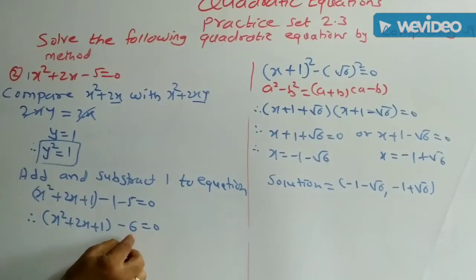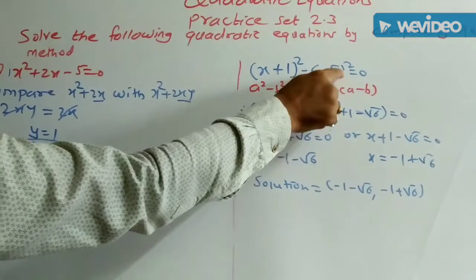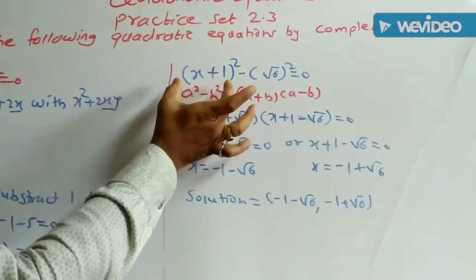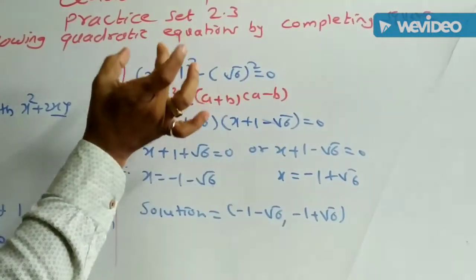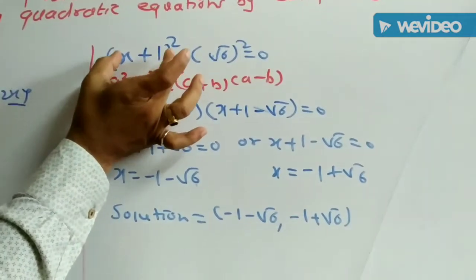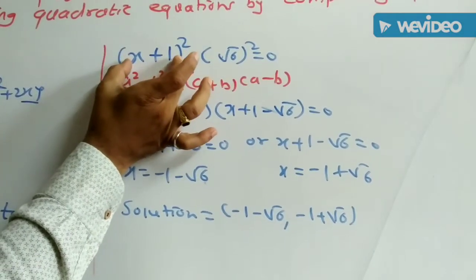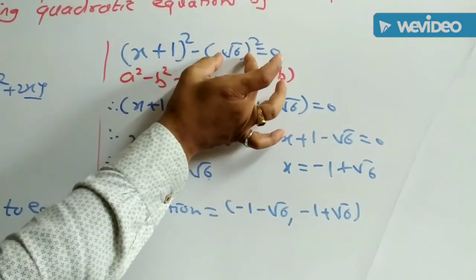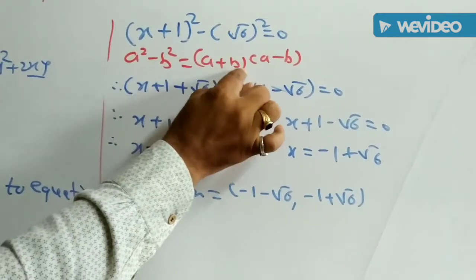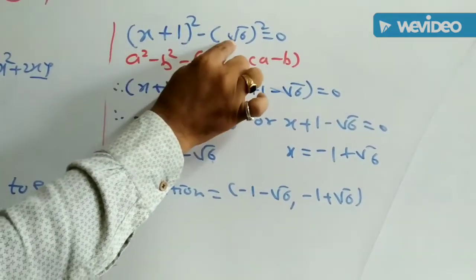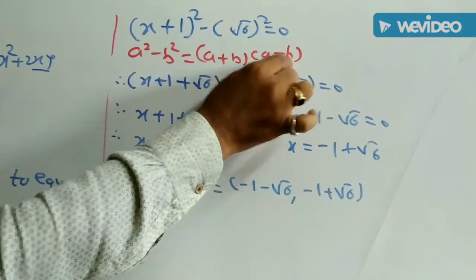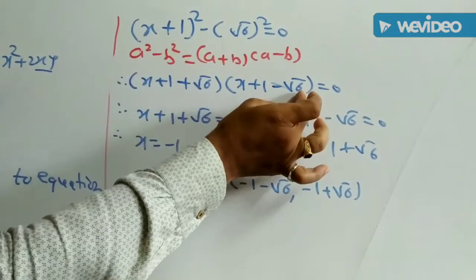Now minus 6. 6 is the square of root of 6, bracket square. Now it is in the form of a square minus b square. Therefore instead of a write x plus 1, and instead of b write root of 6. That is, a plus b means x plus 1 plus root of 6, a minus b means x plus 1 minus root of 6.